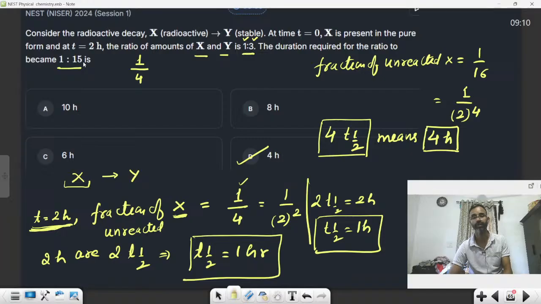So total is 16. And x is only 1. So 1 is to 16. So that means 1 upon 2 raised to power 4. It is 4 half-lives. 4 half-lives is 4 hours. Okay?